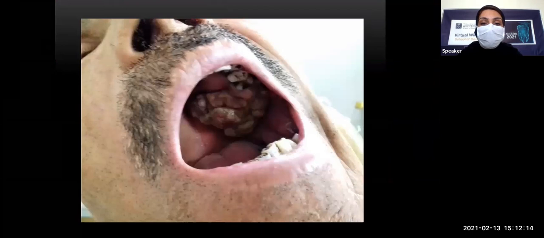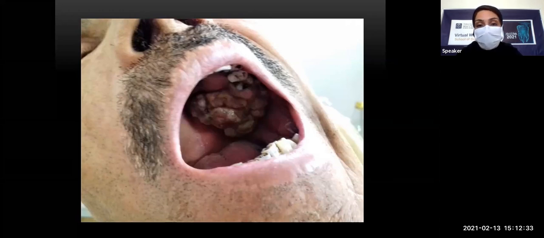The next case was a 50 years old male with a very good lifestyle, and also presented with this large lesion in the area of the hard palate with a lobulated and hyperkeratotic white surface.